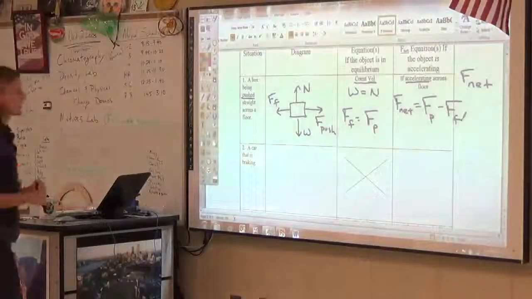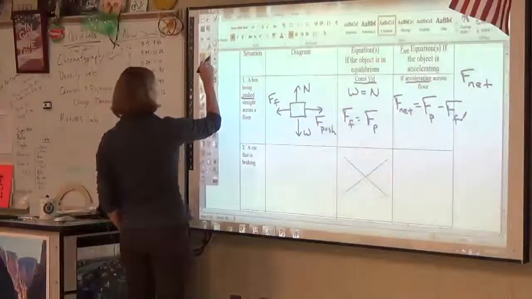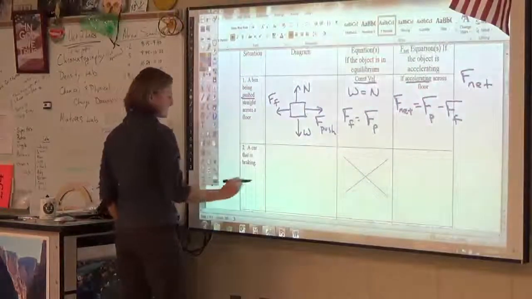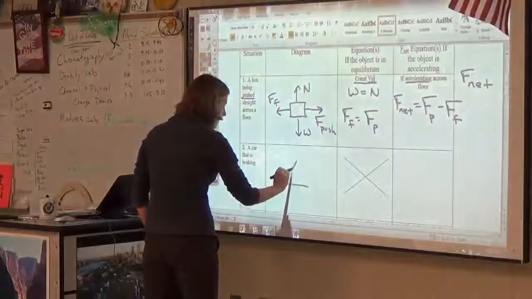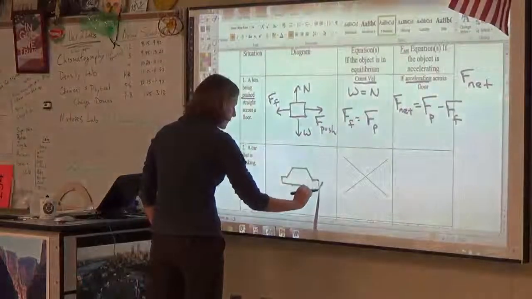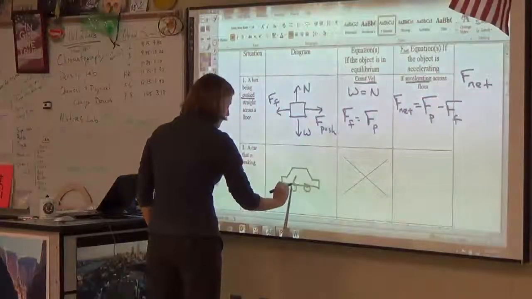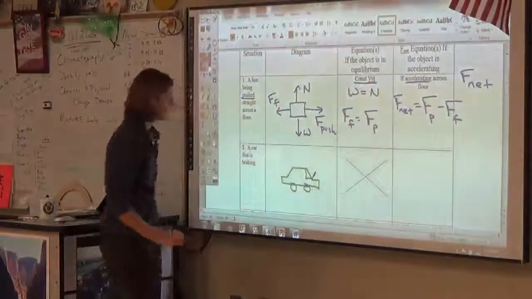All right, a car that's braking. Let's try the next one. And we'll put the front windshield in here so we know which way we're going.